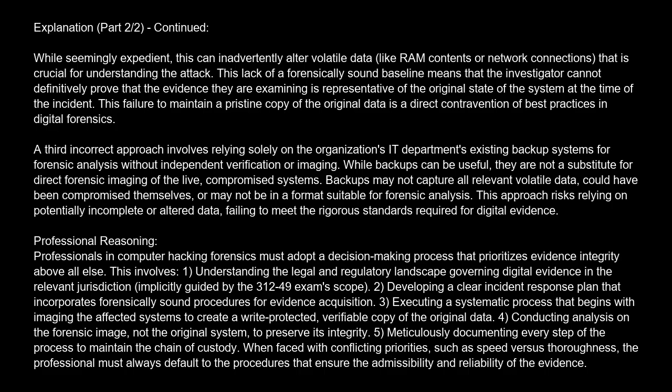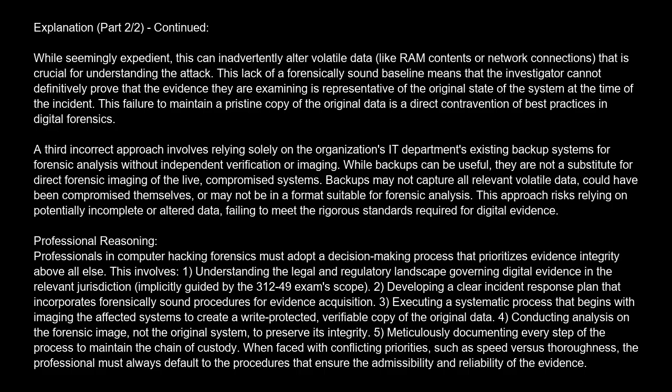Professional reasoning. Professionals in computer hacking forensics must adopt a decision-making process that prioritizes evidence integrity above all else. This involves: 1. Understanding the legal and regulatory landscape governing digital evidence in the relevant jurisdiction, implicitly guided by the 312-49 exam scope. 2. Developing a clear incident response plan that incorporates forensically sound procedures for evidence acquisition. 3.